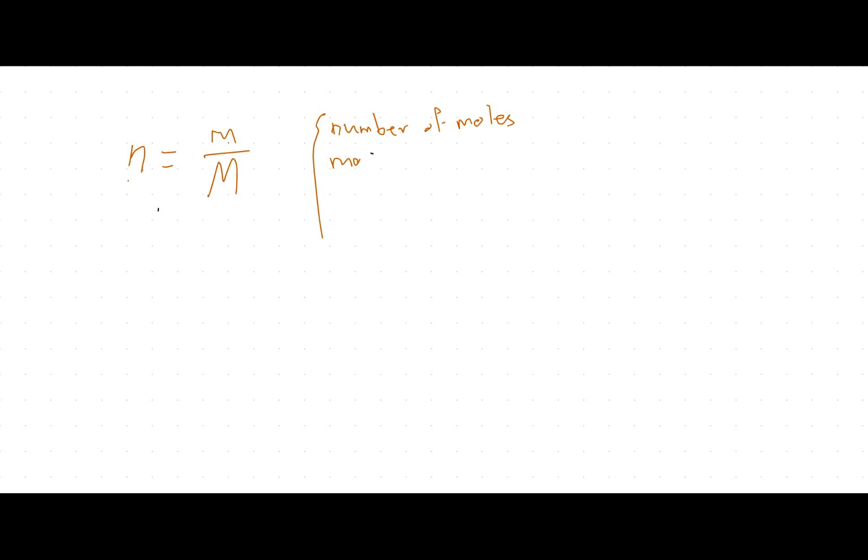The mass is what we measure at the lab, when we want to weigh the salt that we are going to use, we use the balance, which is very, very sensitive, and we call this the mass. And the molar mass is from our periodic table.